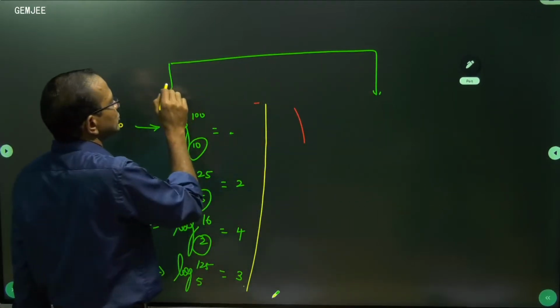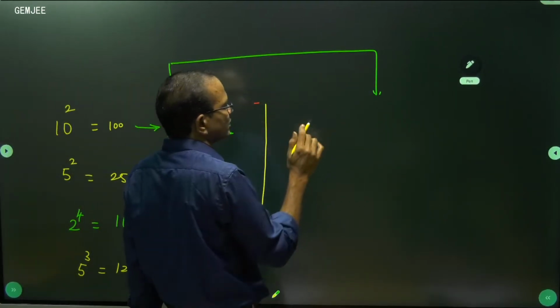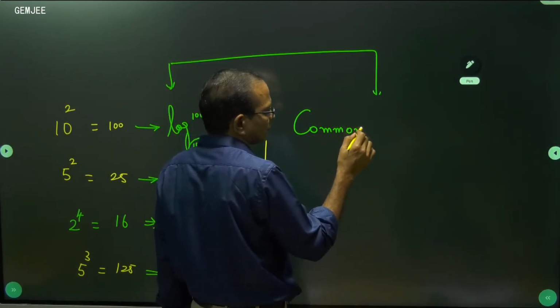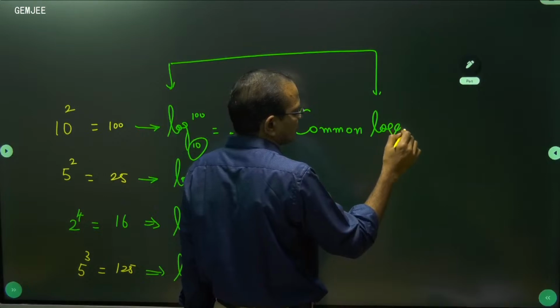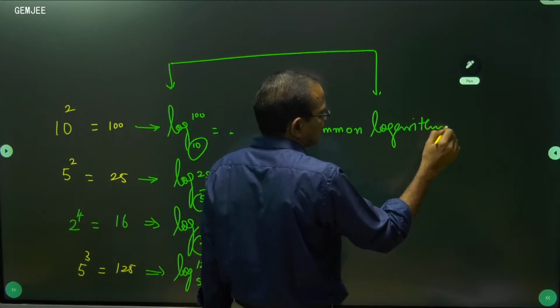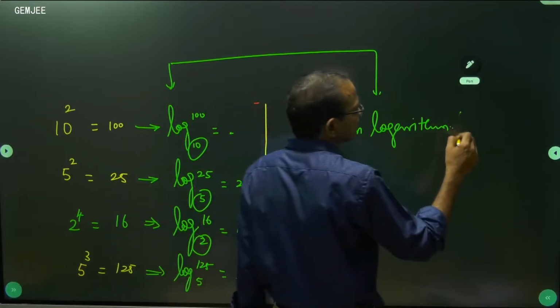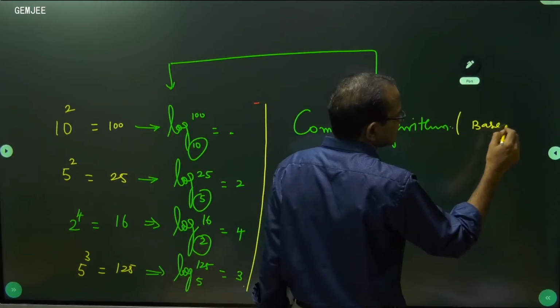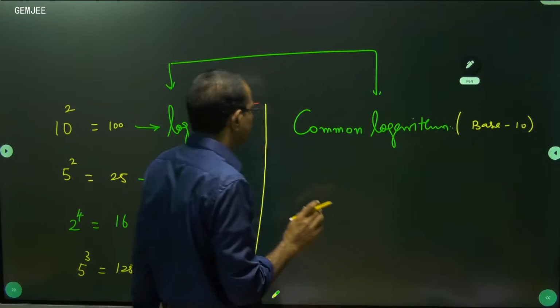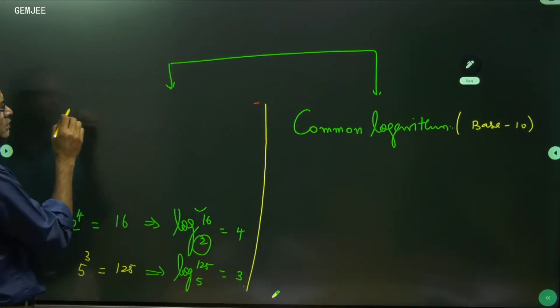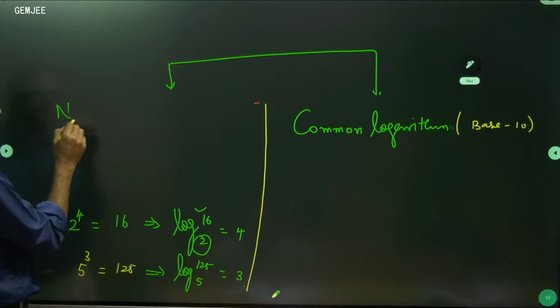Logarithm is divided into 2 parts. One is called common logarithm, which means base 10. Another one is called natural logarithm.